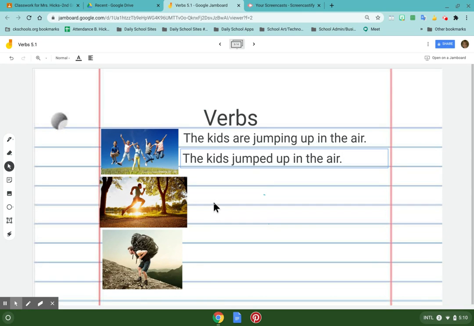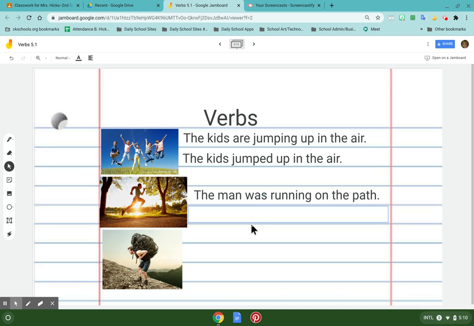Now, what verb goes with that picture? I think he's running, don't you? So I say the man was running on the trail, on the path. Now I could do it past tense, and that's going to change.